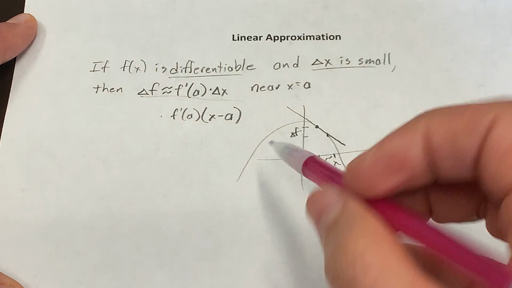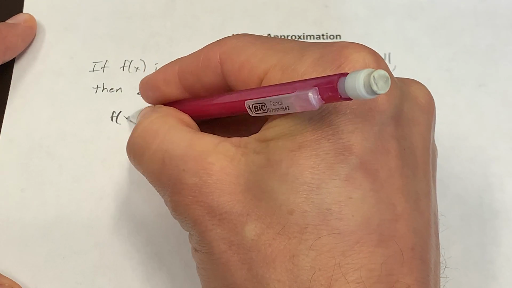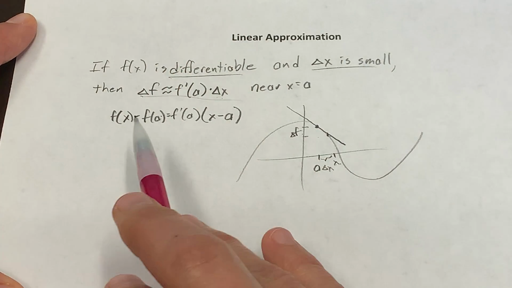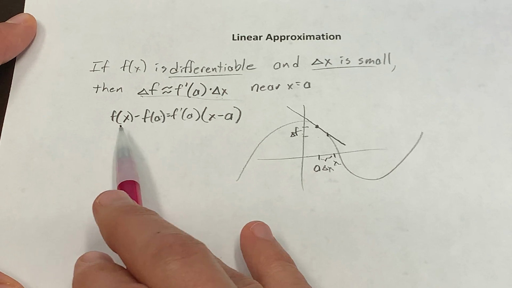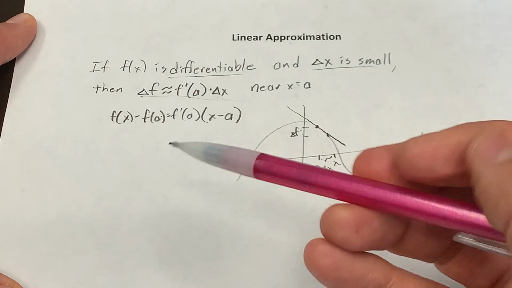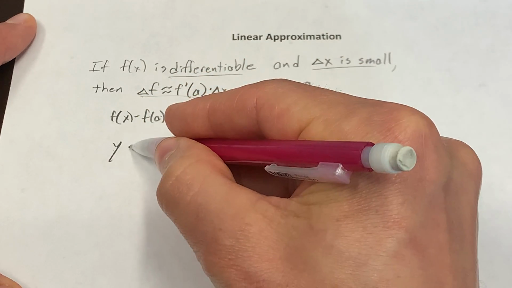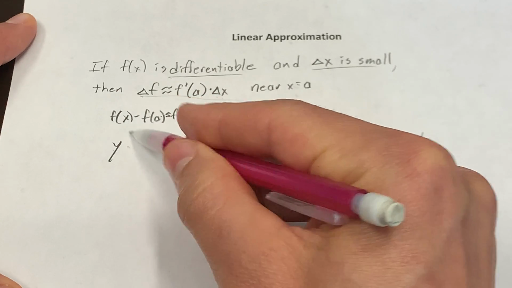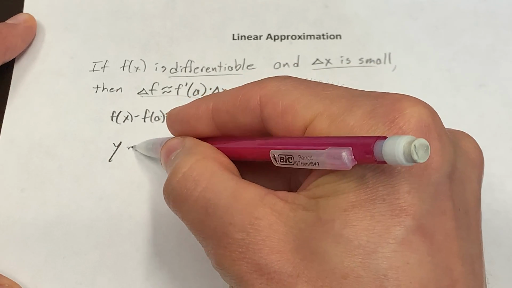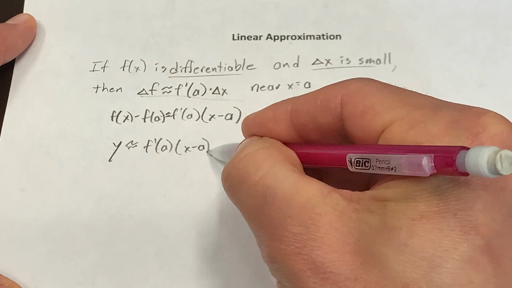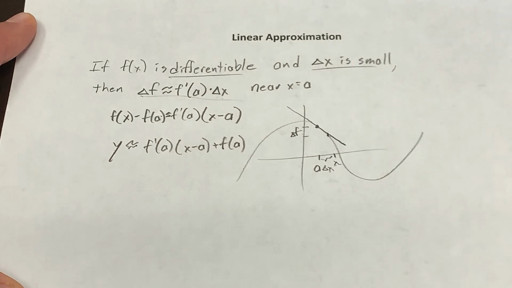Well, the change in f is f of x minus f of a, right? And can you see that this is essentially the tangent line? If I wrote this as, say, y, this is an approximation of the function, y, that's my new height, is approximately f prime of a times x minus a plus f of a.